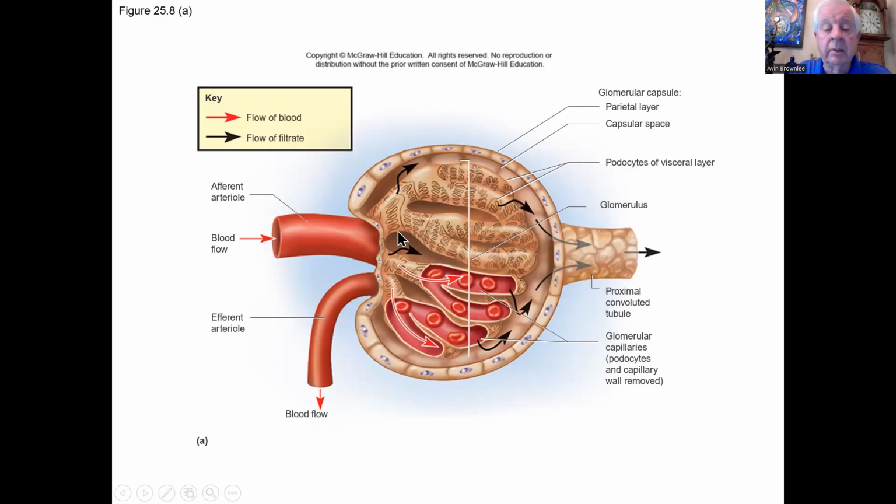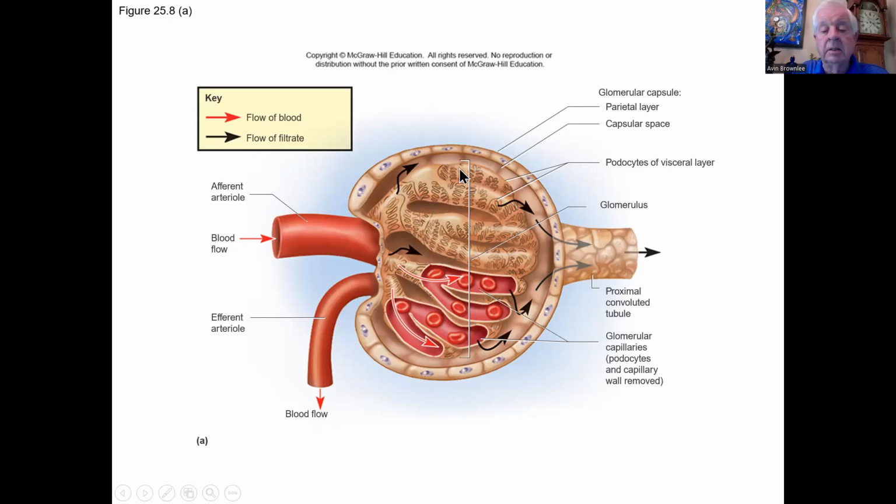The visceral layer, however, is made up of special cells called podocytes, which means cells with feet. So here's a cell, here's some of its feet showing, and then branching off of each foot, we see little tiny pedicels, which are almost like little long skinny toes.